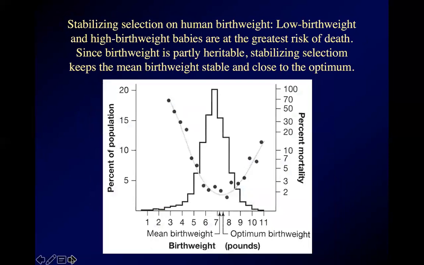Here's a human example of stabilizing selection. This is a little bit weird to read because what you've got is a bar graph and a dot plot superimposed on each other. The bar graph, the thing that looks like a funky skyscraper, is birth weight graphed against percentage of the population.